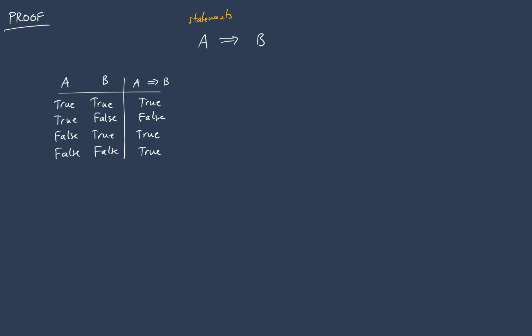When we're trying to prove something, the first method that we try to use is what's called a direct proof. A direct proof means we're going to start with the statement A. We're going to assume that A is true, which means we're here. And we're going to try to show that B is true as well.